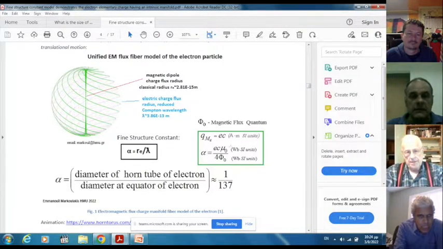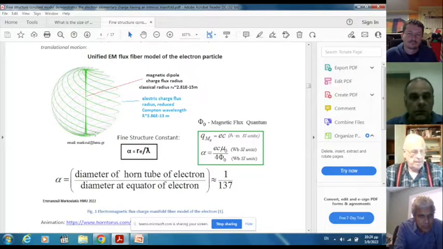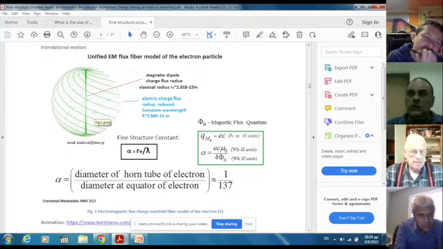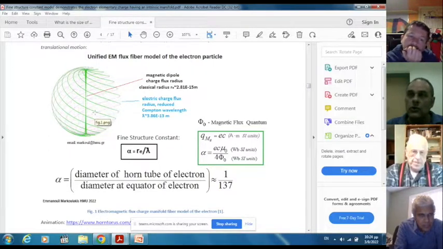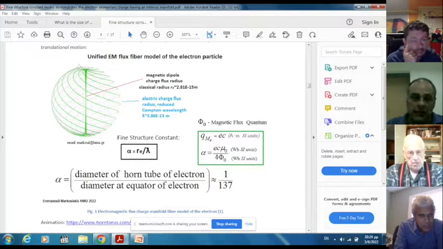So let's see the final slide of the whole paper, which is the model. The model is actually like a solenoid which has spirals, and the flux goes straight inside, a homogeneous field. But here the spirals are on the sphere.